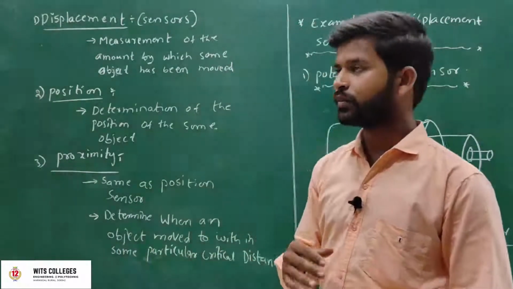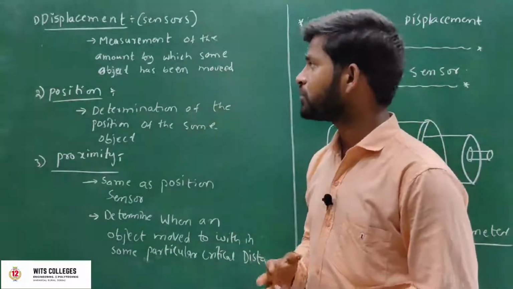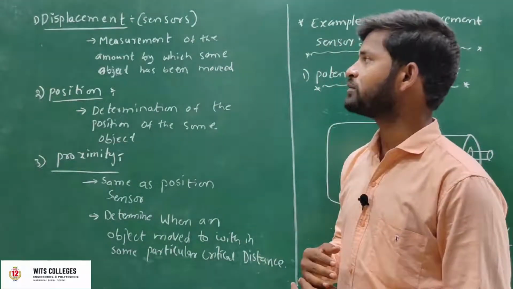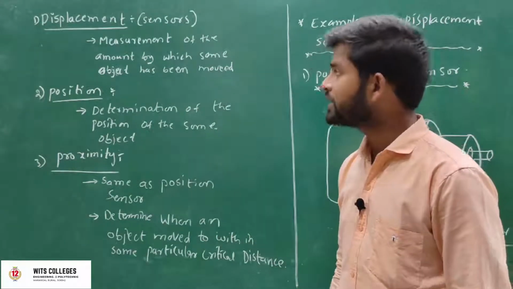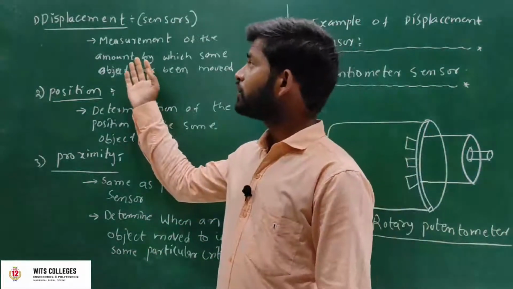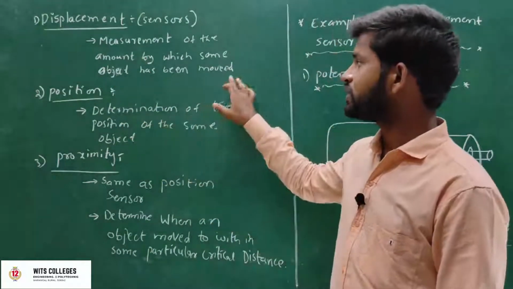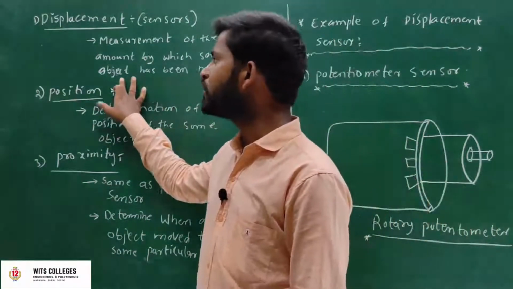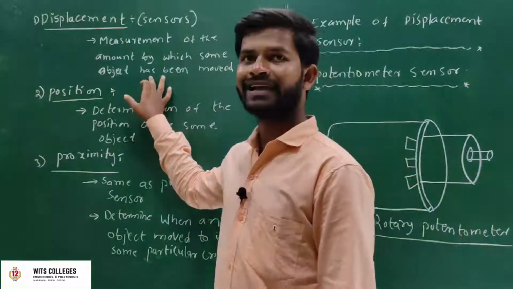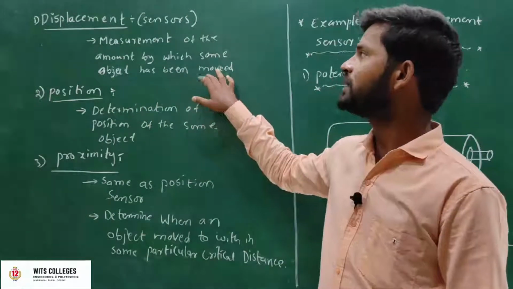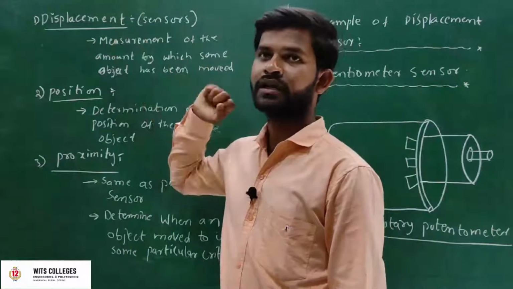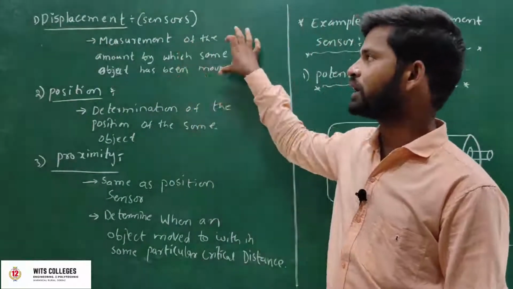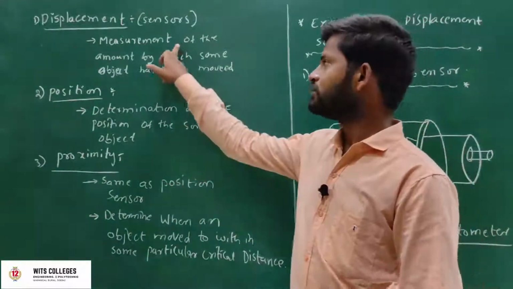What is the use of displacement sensors? When the object is moved, we can sense the element and record the total information. That is the measurement.